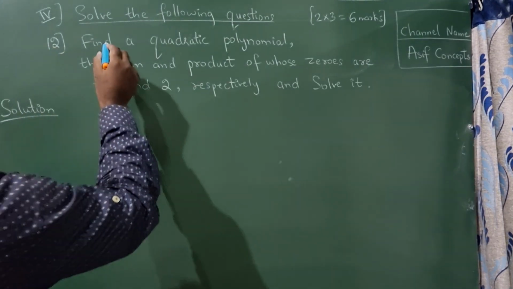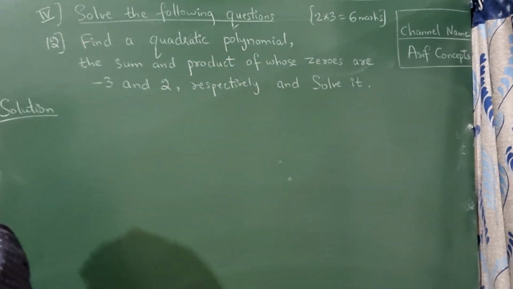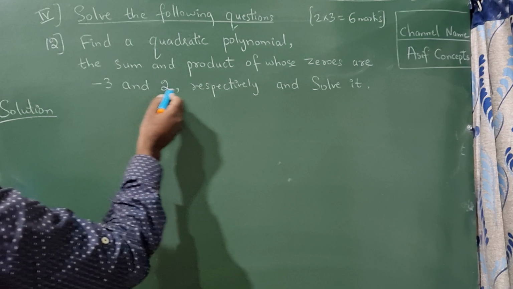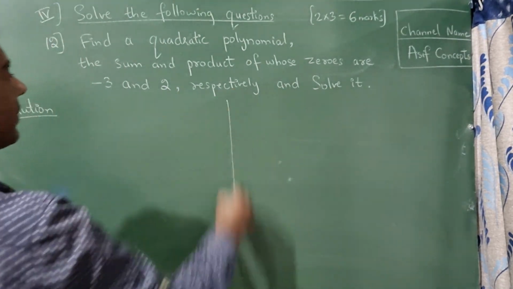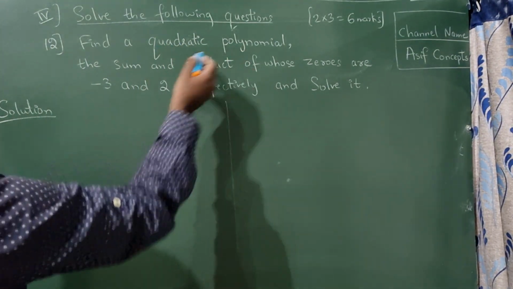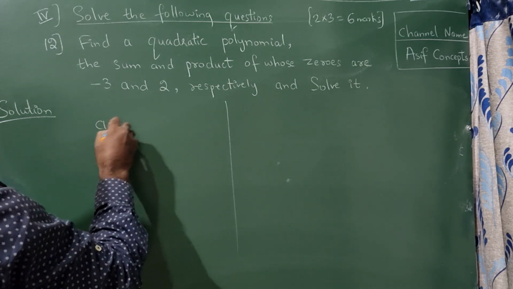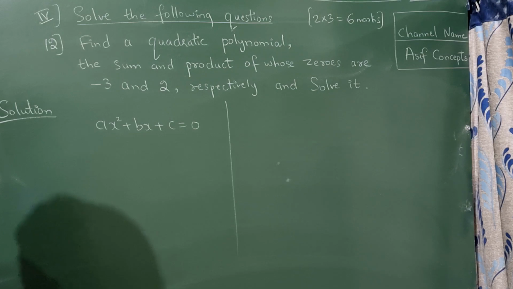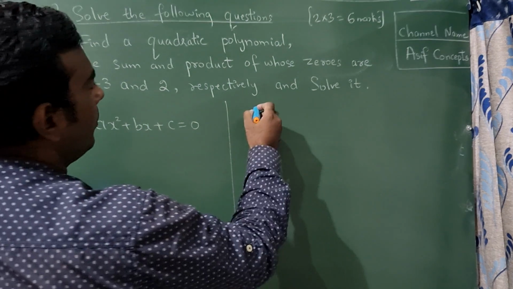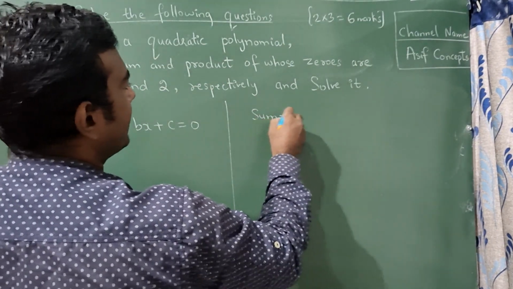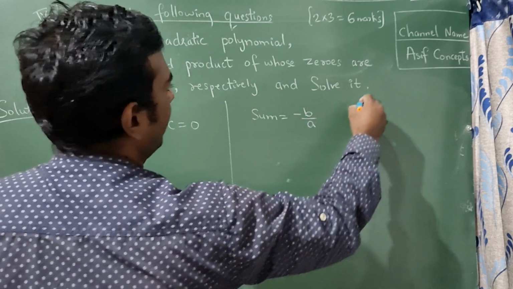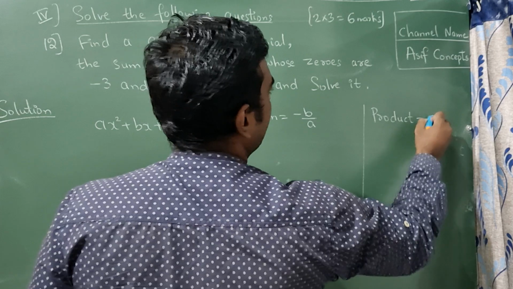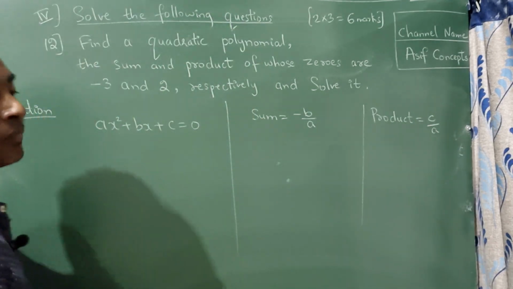Now the 12th question is, find a quadratic polynomial, the sum and the product of whose zeros are -3 and 2 respectively, and solve it. Let the quadratic polynomial be ax square plus bx plus c equal to 0. Now sum is equal to minus b by a and product is c by a.